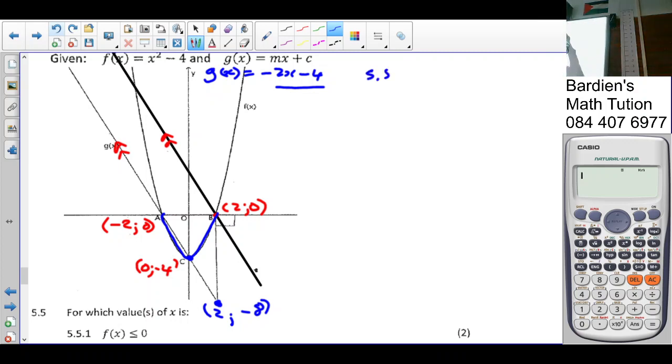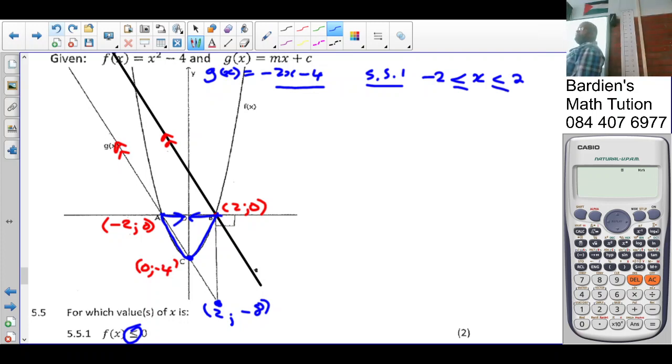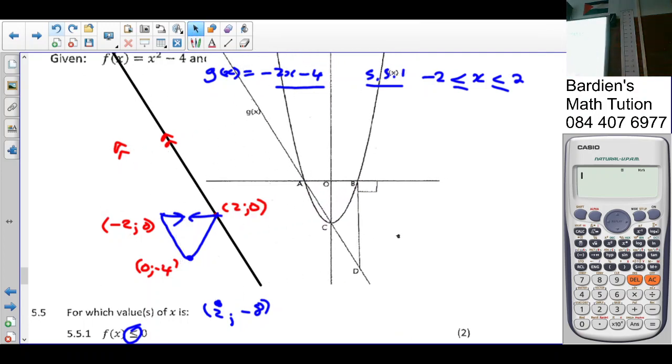For 5.5.1, for a continuous solution, x has to be greater than or equal to -2 but less than or equal to 2. Now you see there's an equal sign here. So it's including -2 because at -2, f is equal to 0, and at 2 it is also equal to 0. Okay, you guys understand? Any confusion?